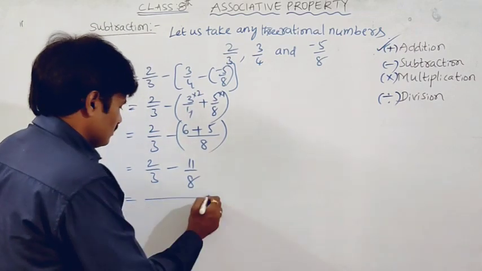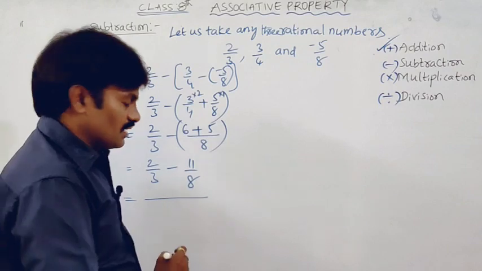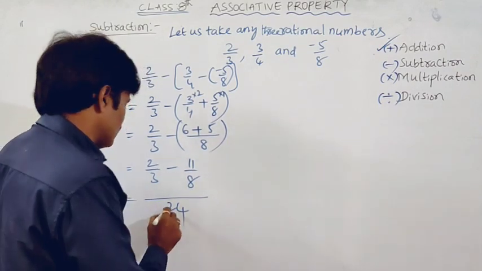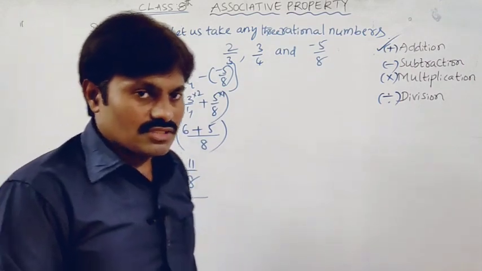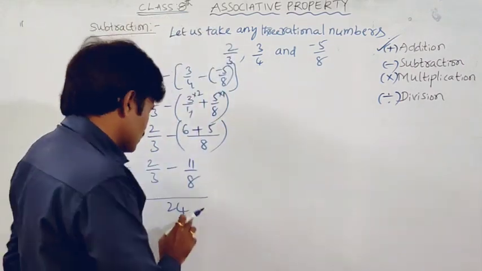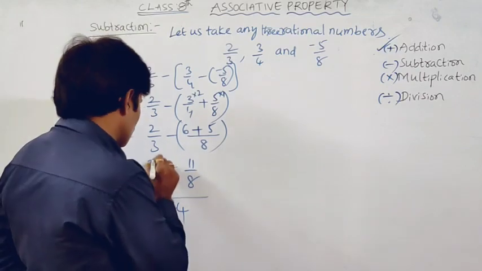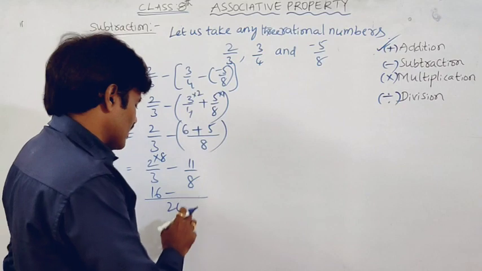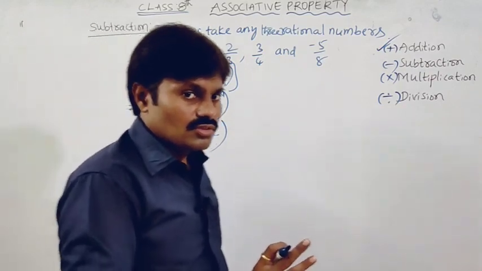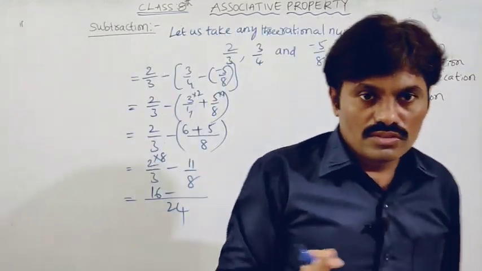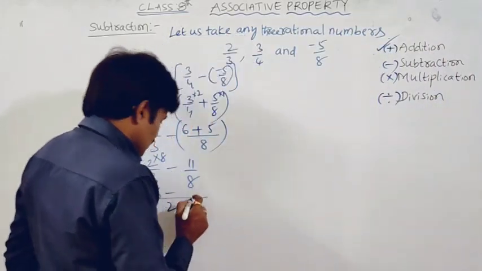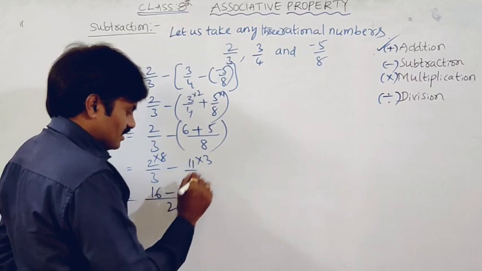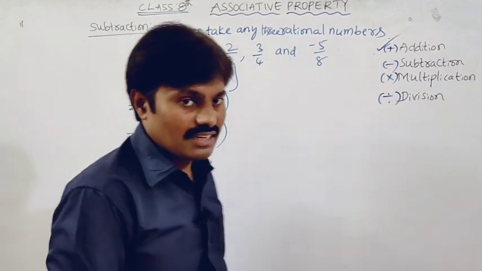Now what is the LCM here? 8 3s are 24. No other table in common, so the LCM of 3 and 8 is 24. Here 3 divides 24 8 times, so 2 into 8 is 16, minus 8 divides 24 3 times, so 11 into 3 is 33.